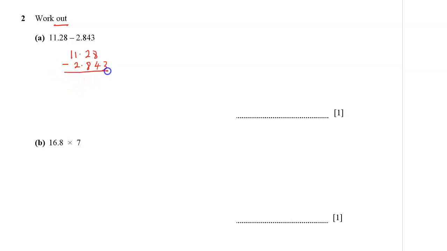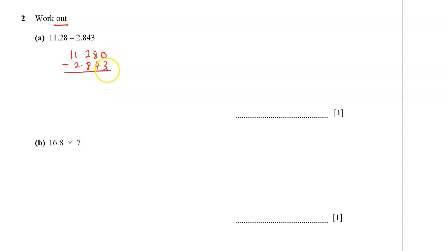Make sure all the decimal points are aligned in the correct places. So you can include a 0 there for all the numbers to have 3 decimal places.